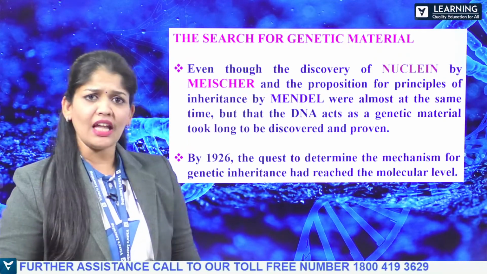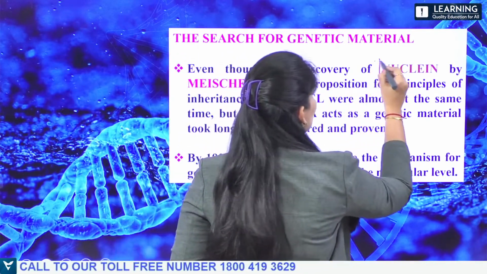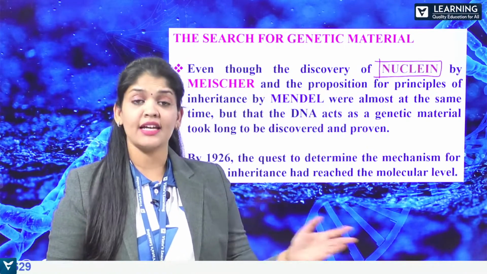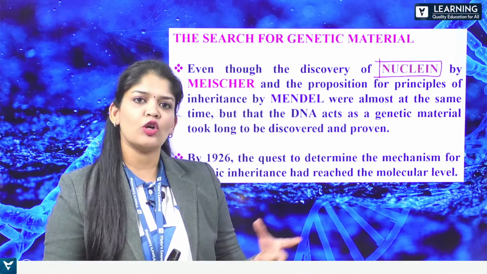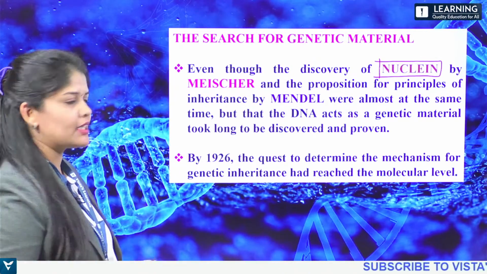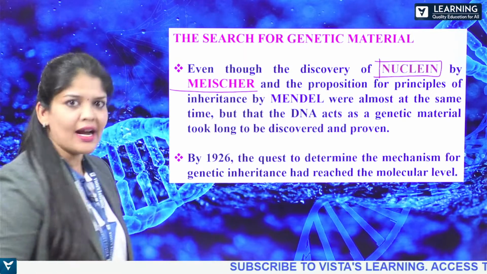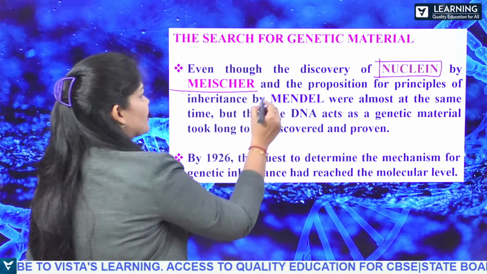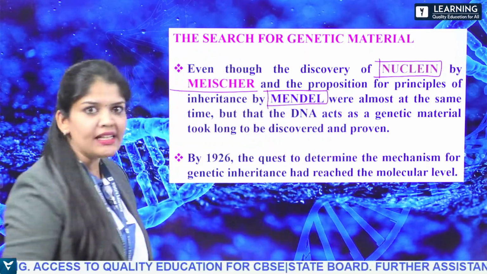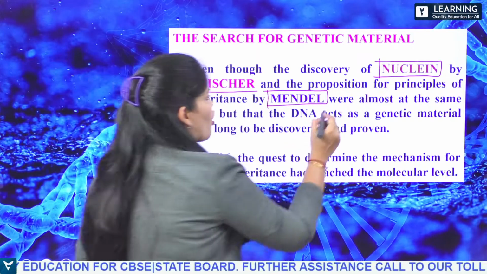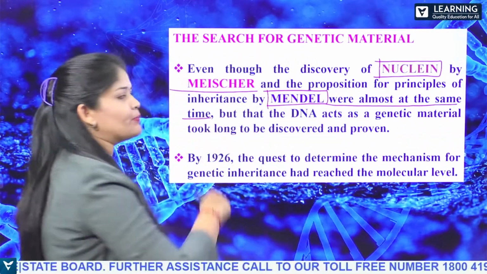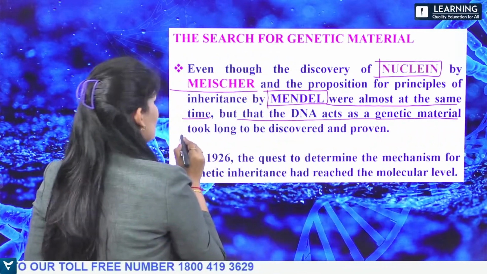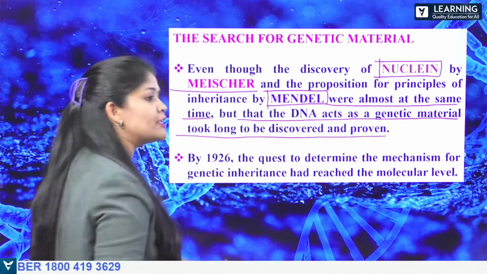The discovery of nuclein, any substance present inside the nucleus, whether protein or nucleic acids like DNA and RNA, was made by Miescher. The Mendelian laws of inheritance were discovered at almost the same time. But that DNA acts as the genetic material took a long time to be discovered and proven.